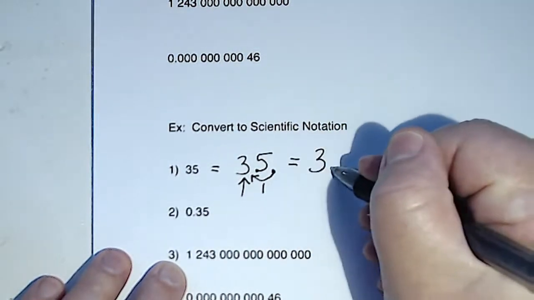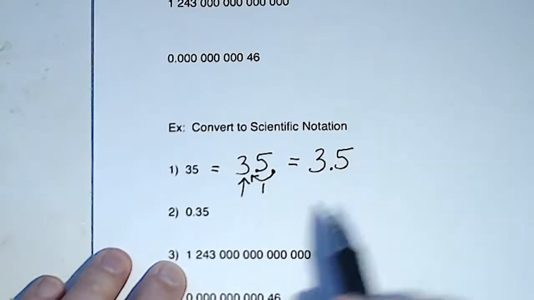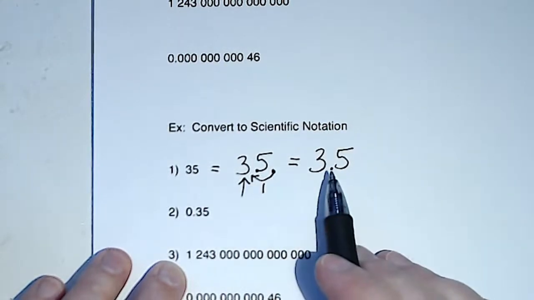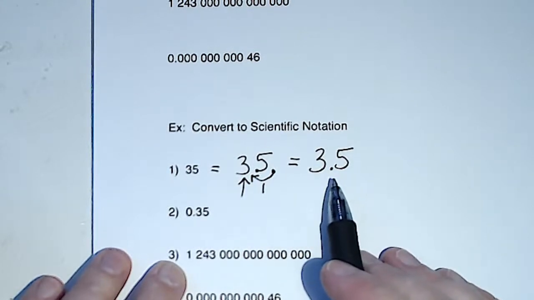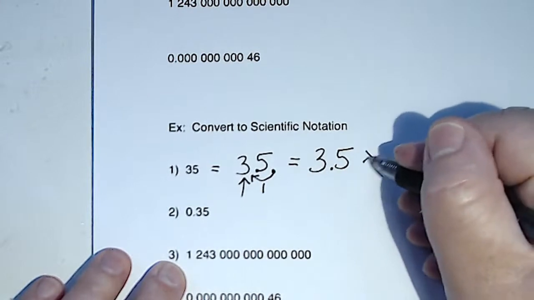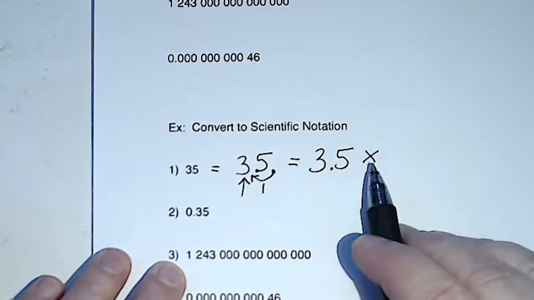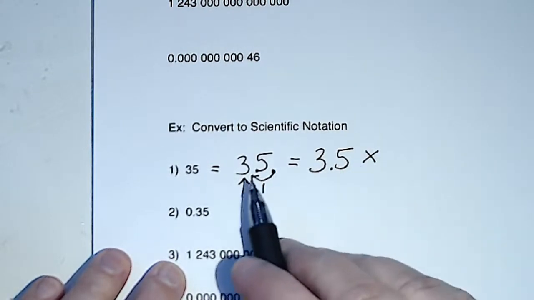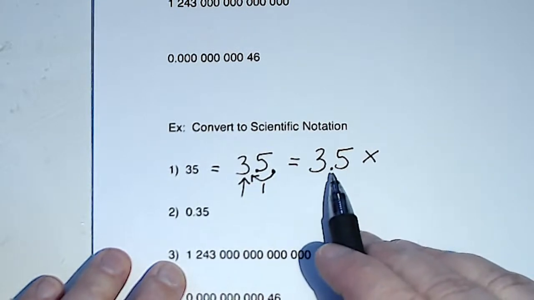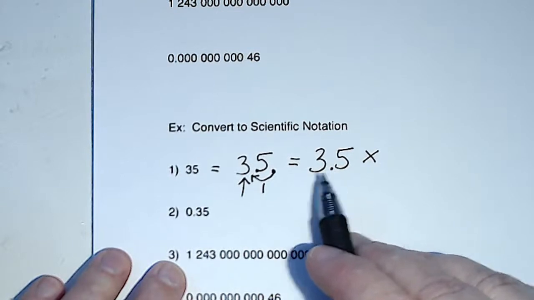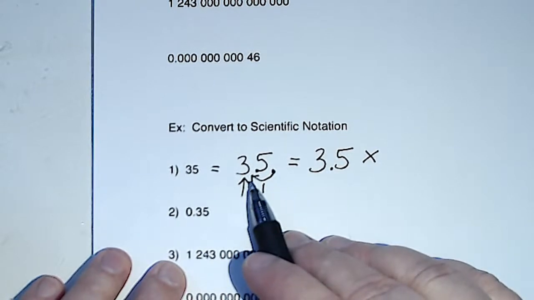Now I'm going to write this as 3.5. I know these two are not equal. Right now, there's no way these are equal. This is 35. This is 3.5. These are totally different numbers. However, what I'm going to say is, well, basically it was 3.5 times, and in order to get this into this stylized form, I had to move the decimal point one spot.